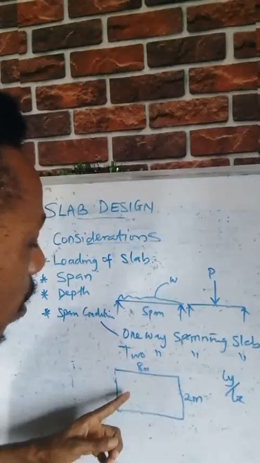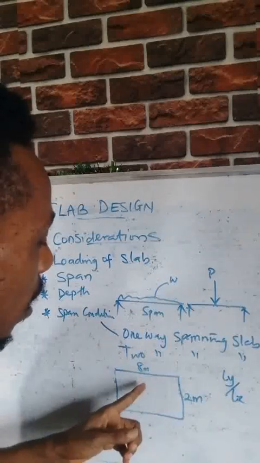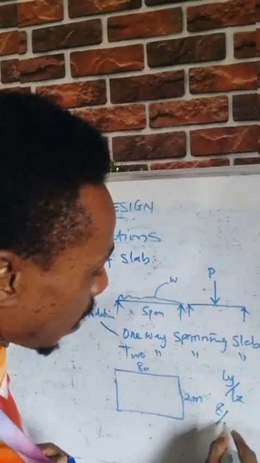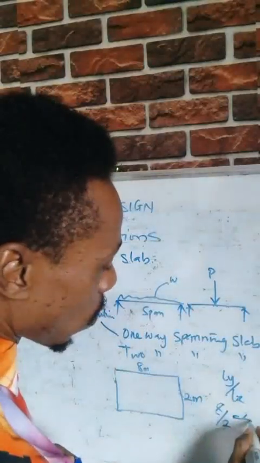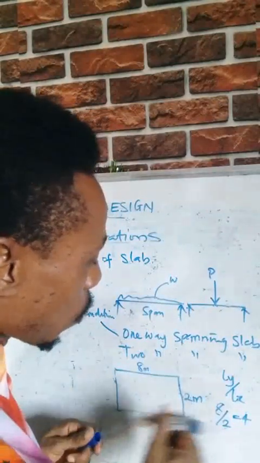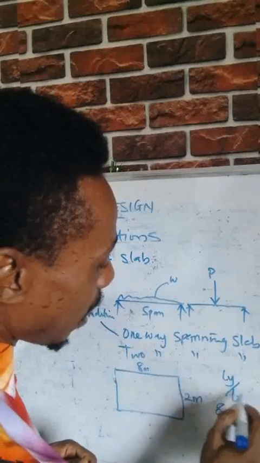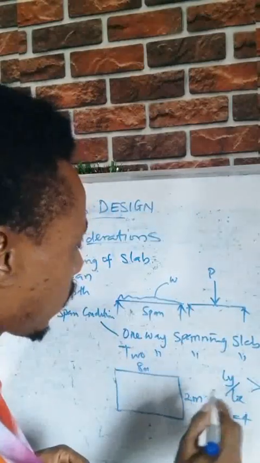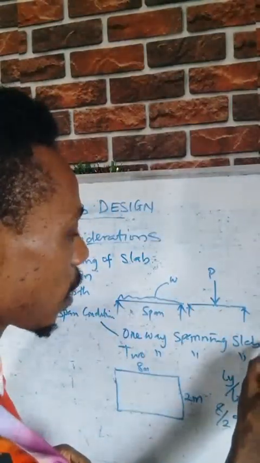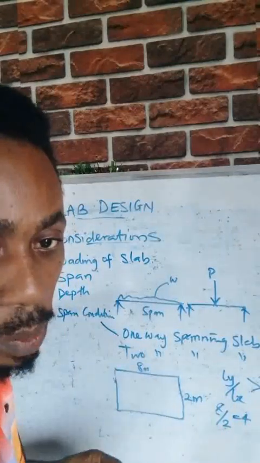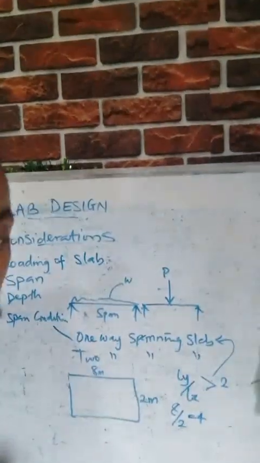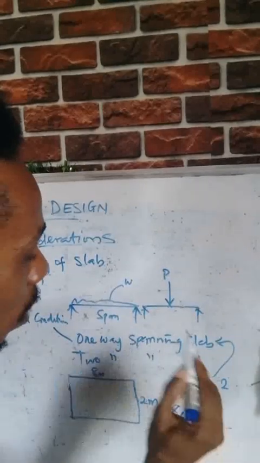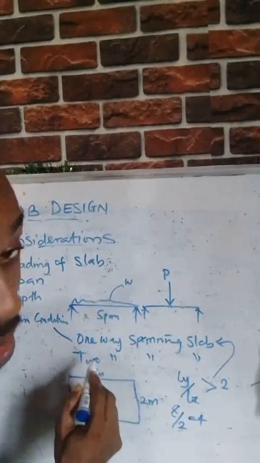So in this case, to find the condition of this slab, we have 8 divided by 2, which is 4. Have it in mind that if Ly over Lx is greater than 2, it means that it is a one-way spanning slab. So please take note of that. If Ly over Lx is greater than 2, consider that slab as a one-way spanning slab.